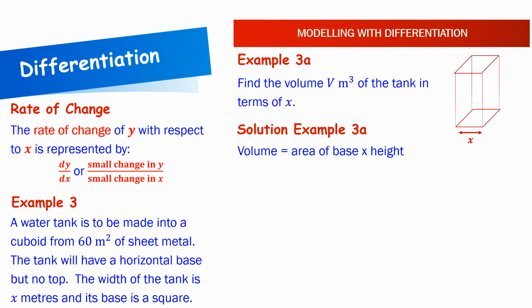The volume equals the area of the base times the perpendicular height. Let y equal the height, as shown in the diagram. The area of base equals x squared, as shown here.